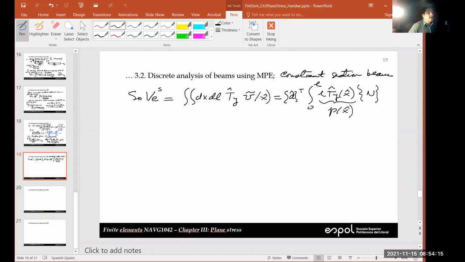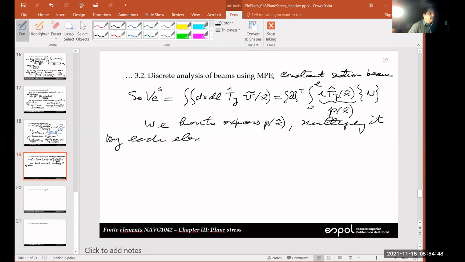What we have to do is express this explicitly as force per unit length, multiply that by each element of this vector, and of course, integrate.